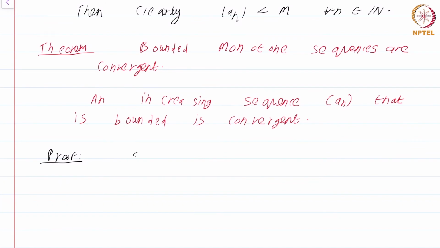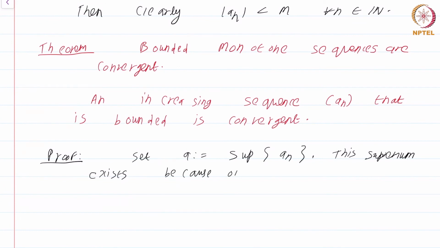So what we will do is set A to be the supremum of all the A_n. We are putting all the A_n as a set, and we are taking the supremum, and this supremum exists because of completeness.